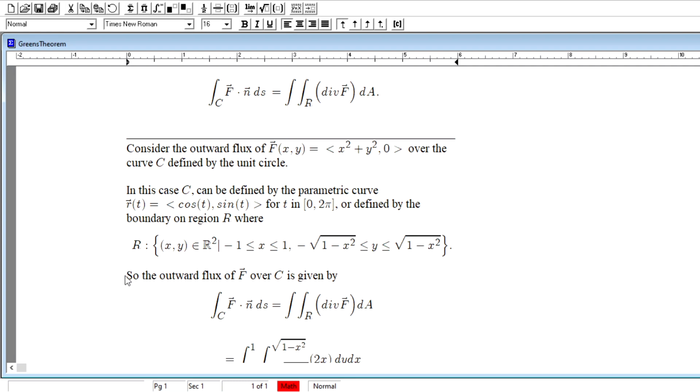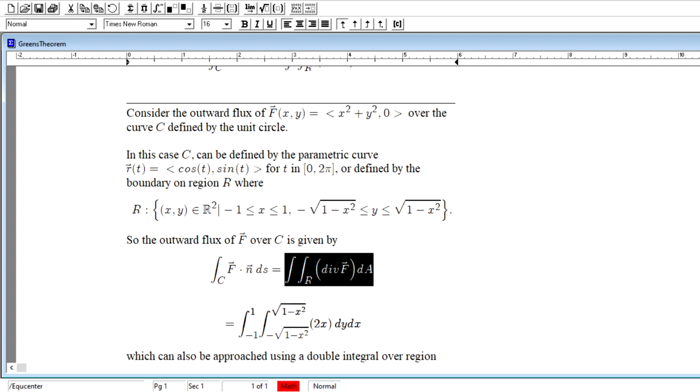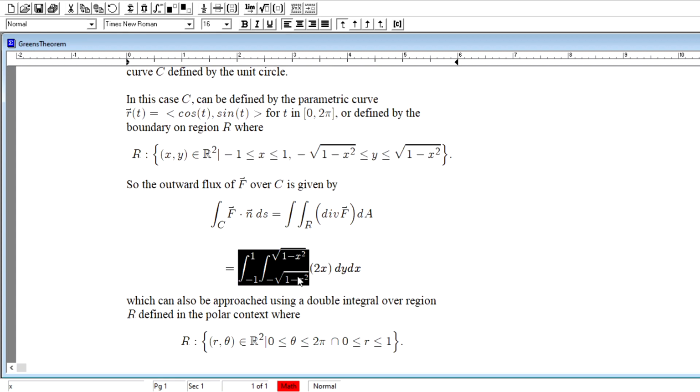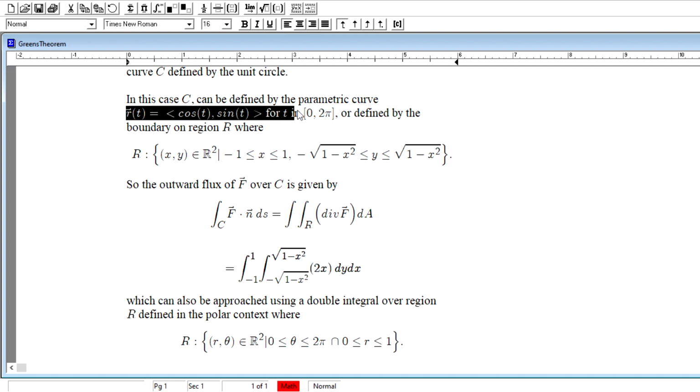Well, I will point out that if we consider approaching this line integral calculation seen here as a double integral for how we've defined region R, that calculation would set itself up as this statement here, which isn't terribly unbearable, but can also be approached differently because our region R is described as a circular region bounded by the circle's description.